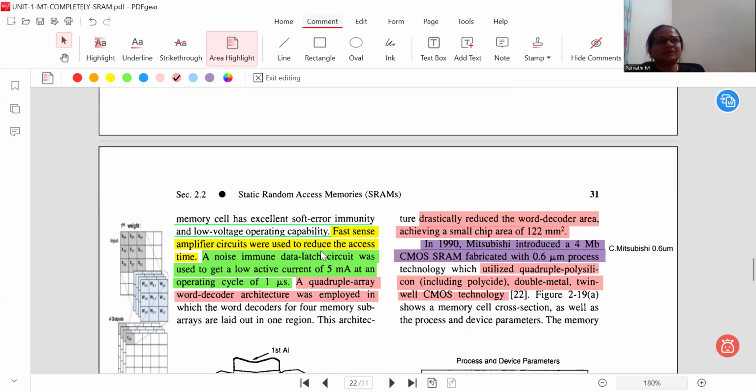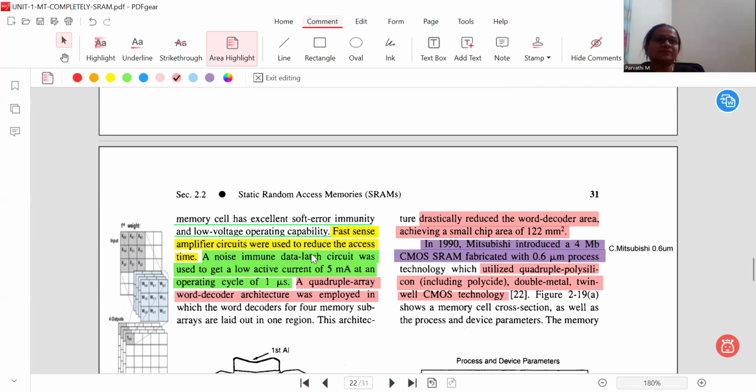Soft error means, in writing logic one or reading logic one, very small voltage values are involved compared to the supply voltage. Whenever any data is written, the full supply voltage will not be used for writing. The reduction of voltage may sometimes cause errors. In previous technologies that happened, but in advanced memories, even with a reduction of minute voltage values, the exact value can be retrieved while reading.